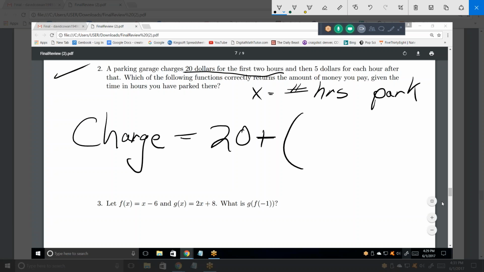Actually, no, minus 2. X minus 2. There you go. Perfect. X minus 2 times 5. Okay? And now, just to see if we're right, if x were 2, what would your charge be? If you park there exactly 2 hours.